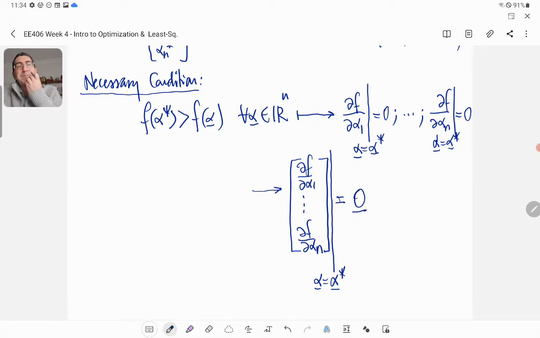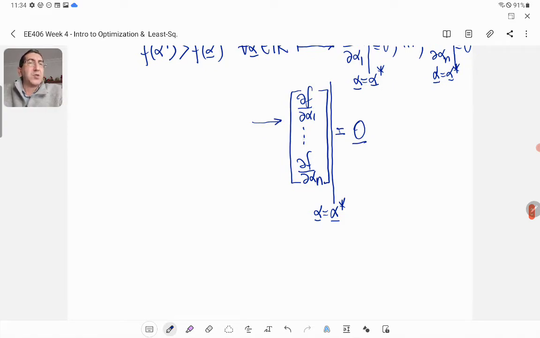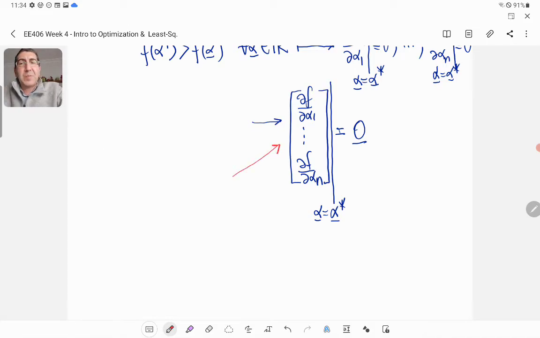Okay, so it's a vector equation in this case. Now this looks similar to the Jacobian matrix. In fact, it's the same kind of operation, but this is a vector. It's always a vector, and it has a special name, and some of you might recall that name. Okay, this particular vector is called the gradient.